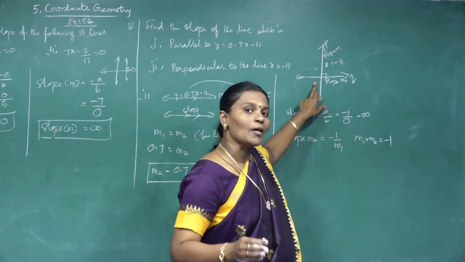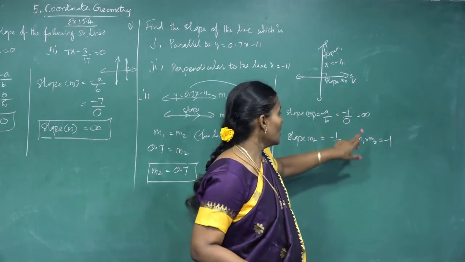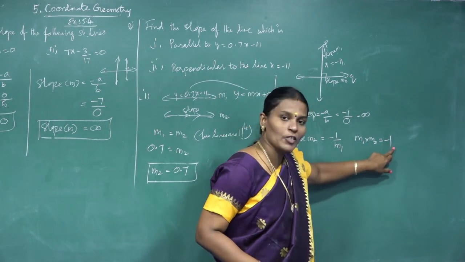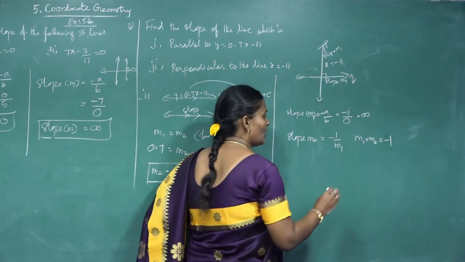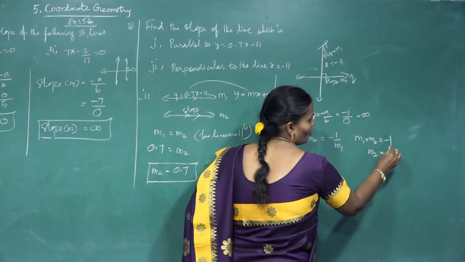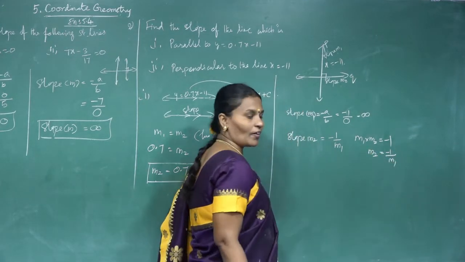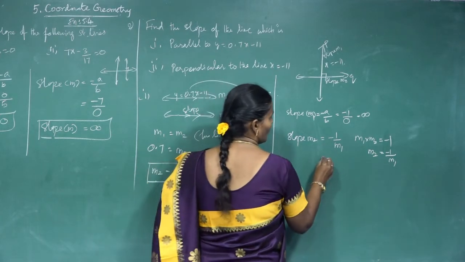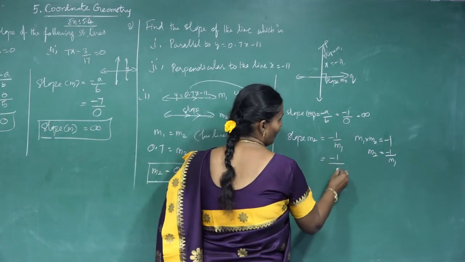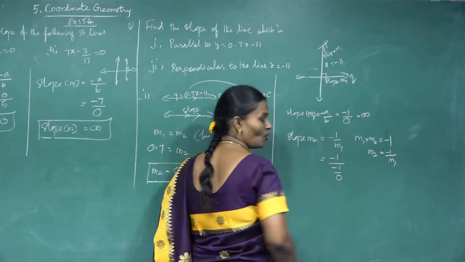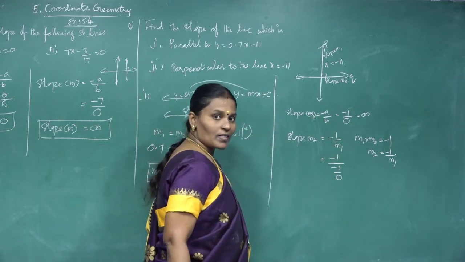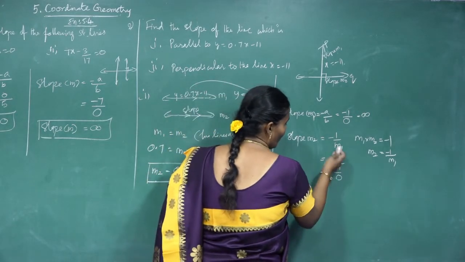If two lines are perpendicular, the product of the slopes m1 into m2 is equal to minus 1. You know already. So now we need m2, and m2 is equal to minus 1 by m1. Now see here, minus 1 by infinity. Understand, children? So you bring that 0 into the numerator.